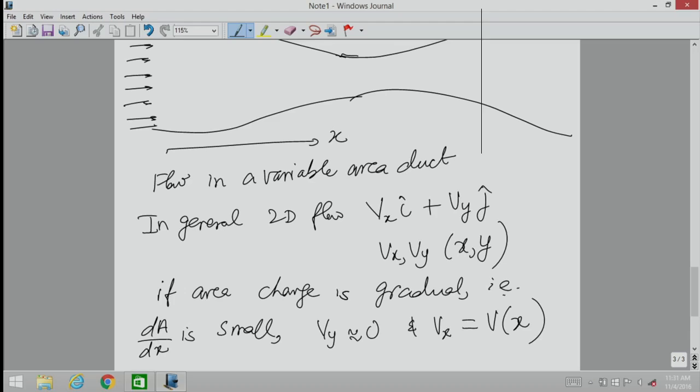This we have done in our integral flow analysis. In almost all the problems we have assumed one-dimensional flow, where velocity is just a function of x.